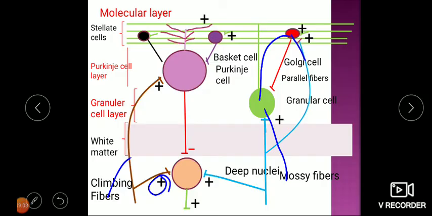Negative means they are releasing inhibitory neurotransmitter. So the deep nuclei get afferents from mossy fiber as well as climbing fiber, which excite them, and they receive inhibition from the Purkinje cell, and the Purkinje cell receives excitation from the granular cell.